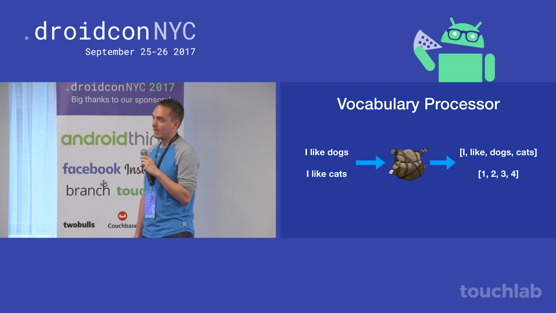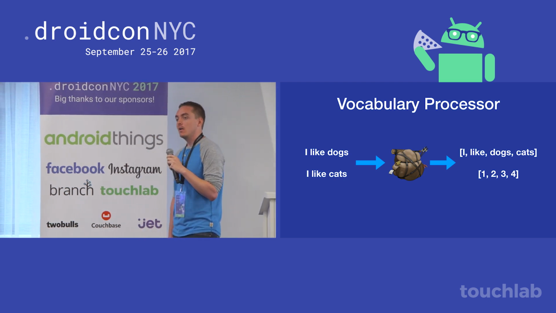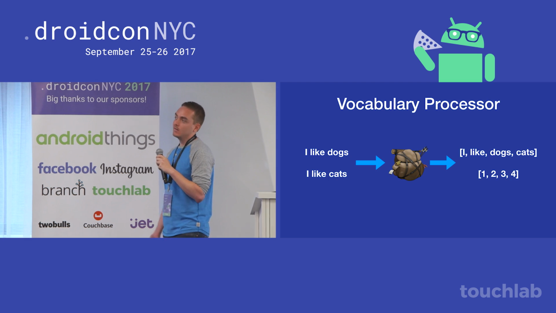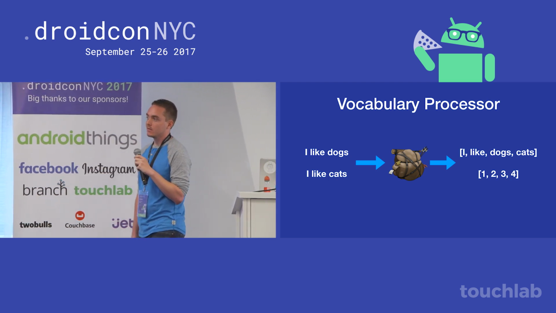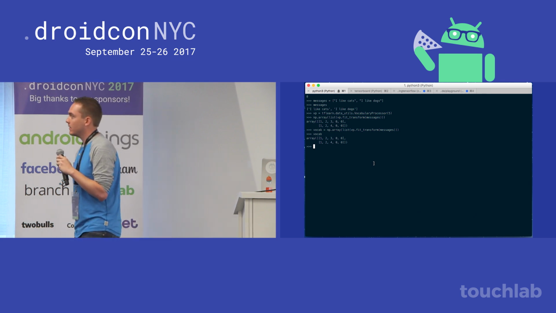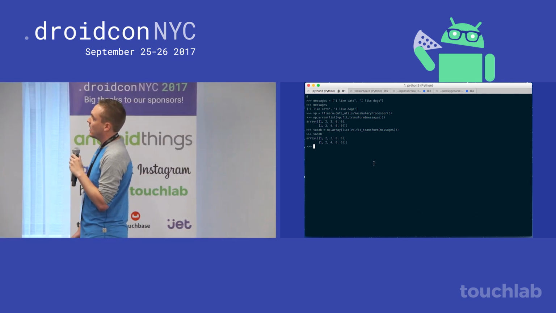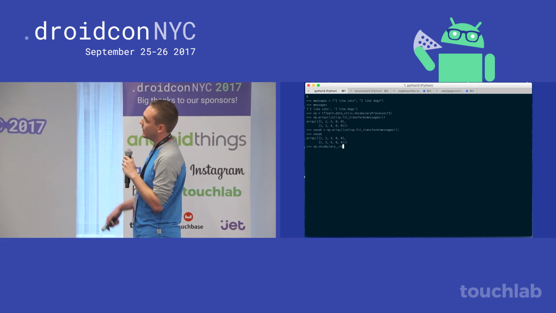This is probably something that a lot of you may even write for CS-style interview questions. Luckily for us, TF-Learn and TensorFlow have this built in, so we don't actually have to write this ourselves. We can go ahead and see a console output of what we have. You can see I inputted an array, I like cats, I like dogs.